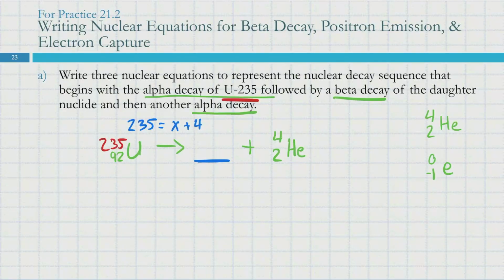A little bit of quick maths, and you'll find out that it's 231. And then 92 equals whatever the atomic number is of our daughter nuclide plus 2. So it's going to be 90. 92 minus 2 is 90, and so that's Th, thorium. So thorium-231 is what we're starting the next nuclear equation with.